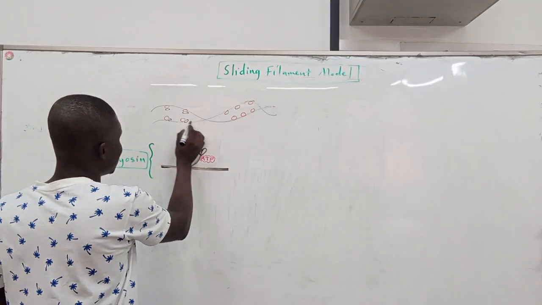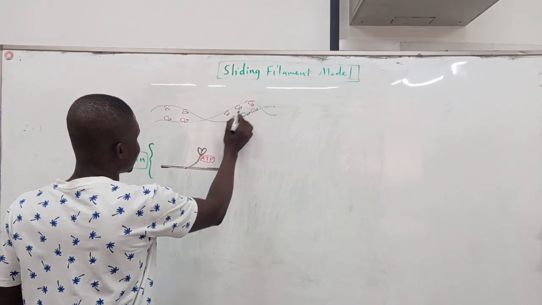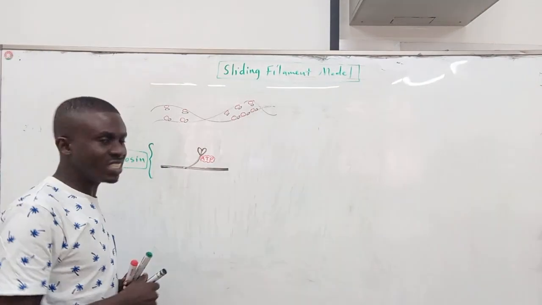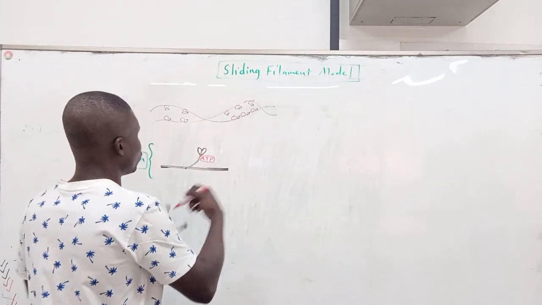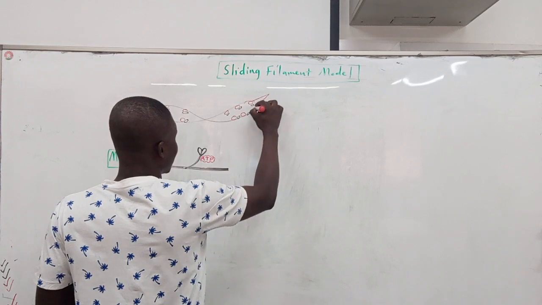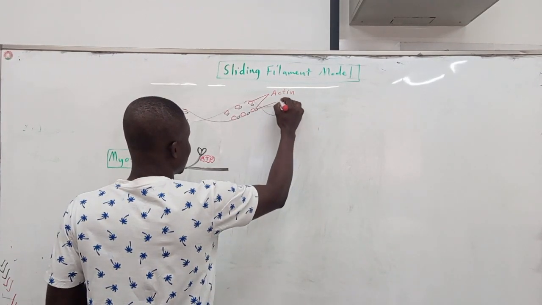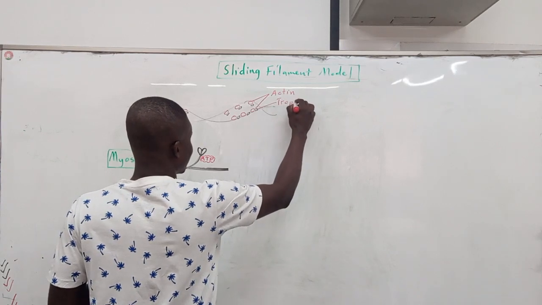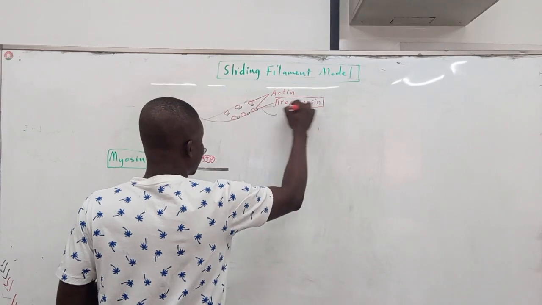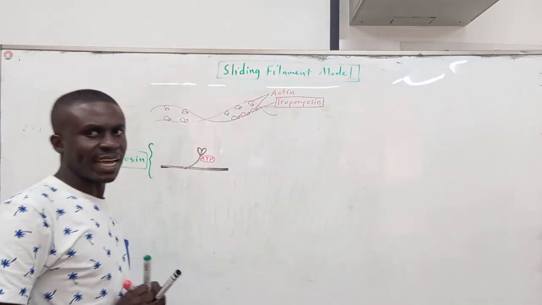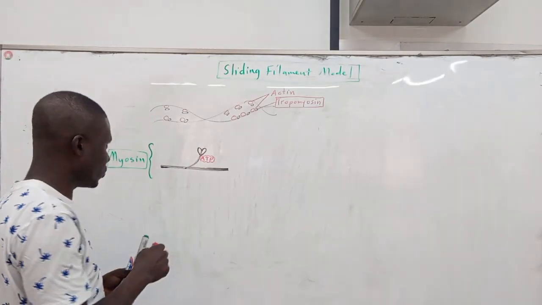Let me put these black things in here. What am I talking about? These black things are tropomyosin. So assuming I have actin and these proteins, tropomyosin, which is occluding the binding sites for myosin, that is what we see.